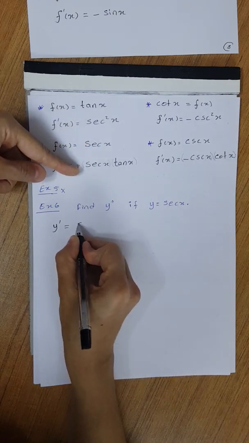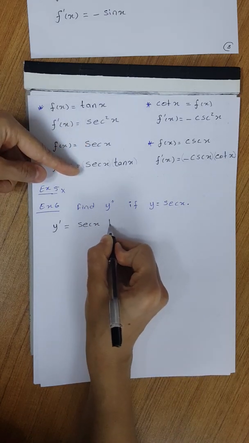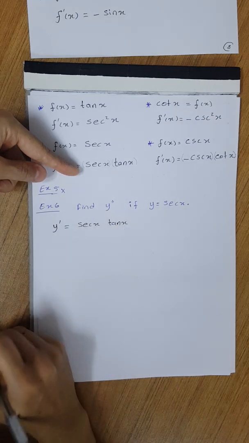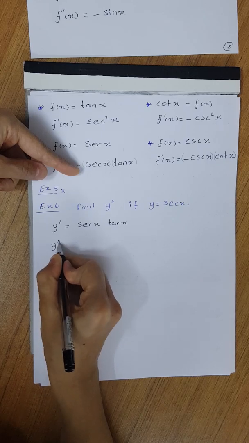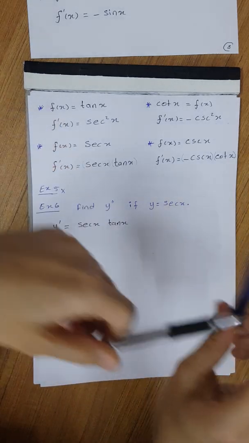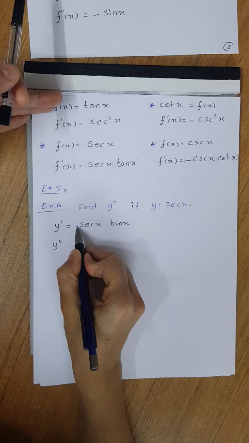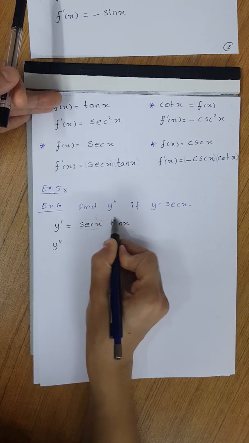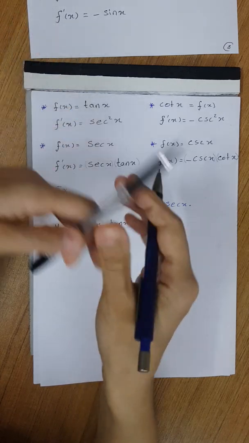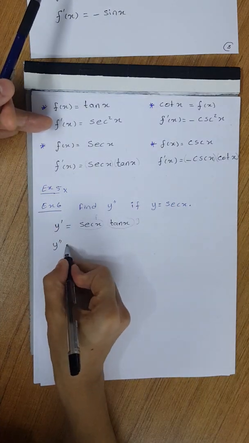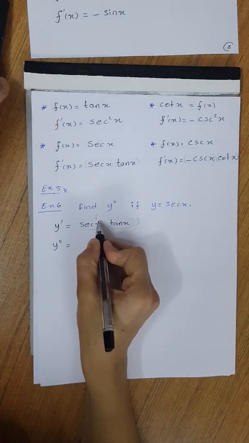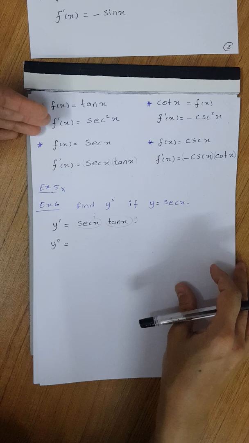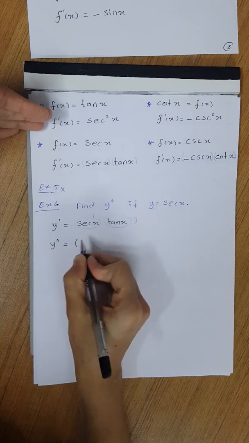What is the first derivative of the secant function? That's equal to secant of x multiplied with tan of x. It is required from you to find the second derivative of the function. This is the multiplication of two functions, f and g again. So we have to find it using the product rule. This becomes the derivative of f, what is the derivative of f?